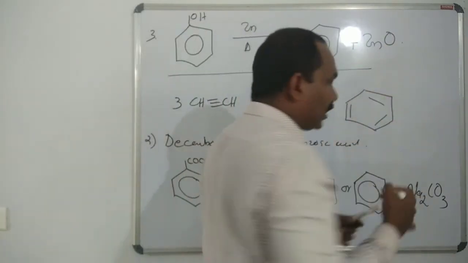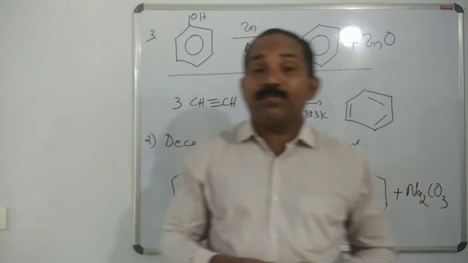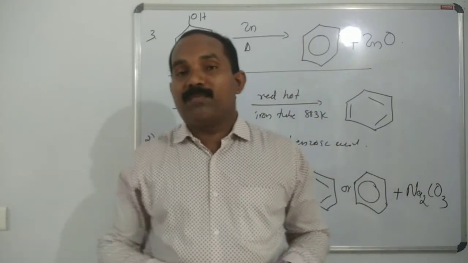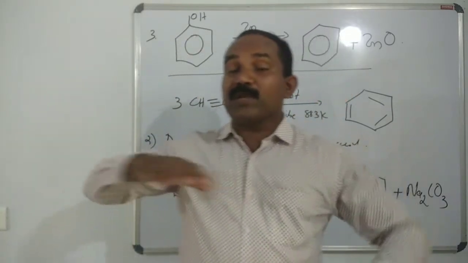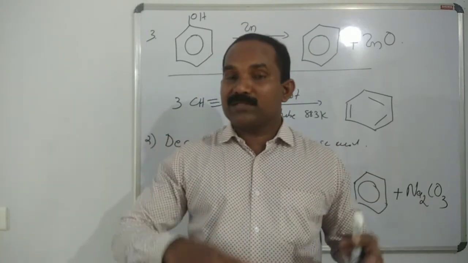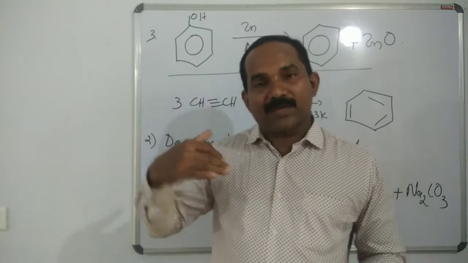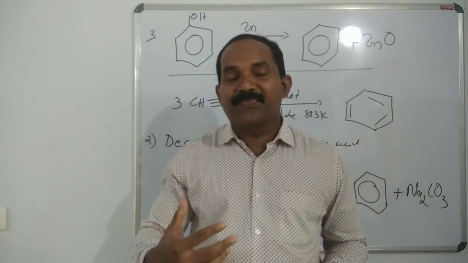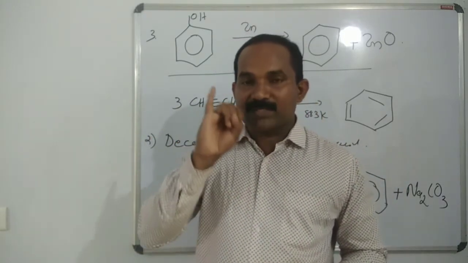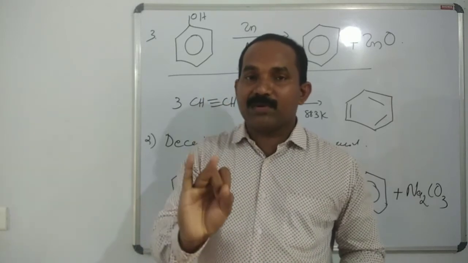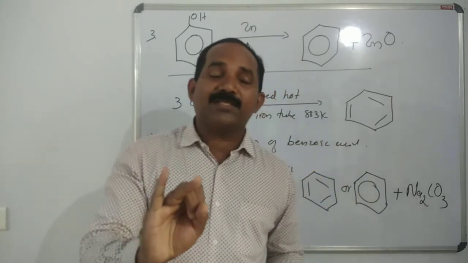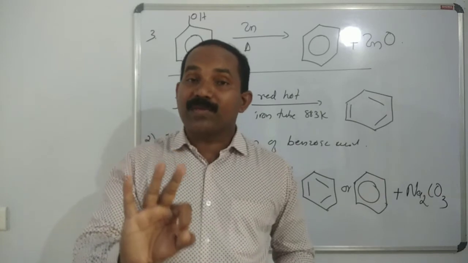These three methods are very important in the preparation of benzene. Substituted benzenes we can prepare by some other reactions. We will discuss later. First cyclic trimerization, second decarboxylation of benzoic acid, third from phenol.